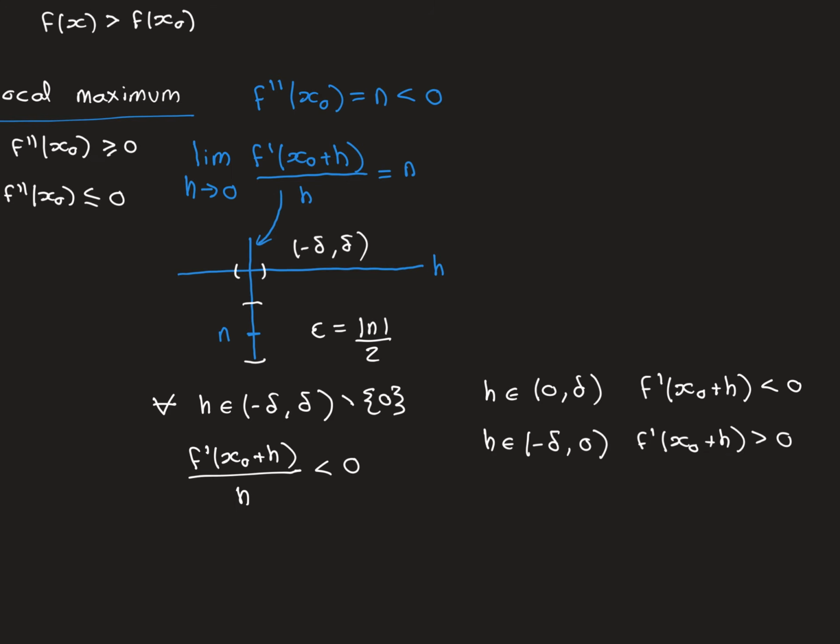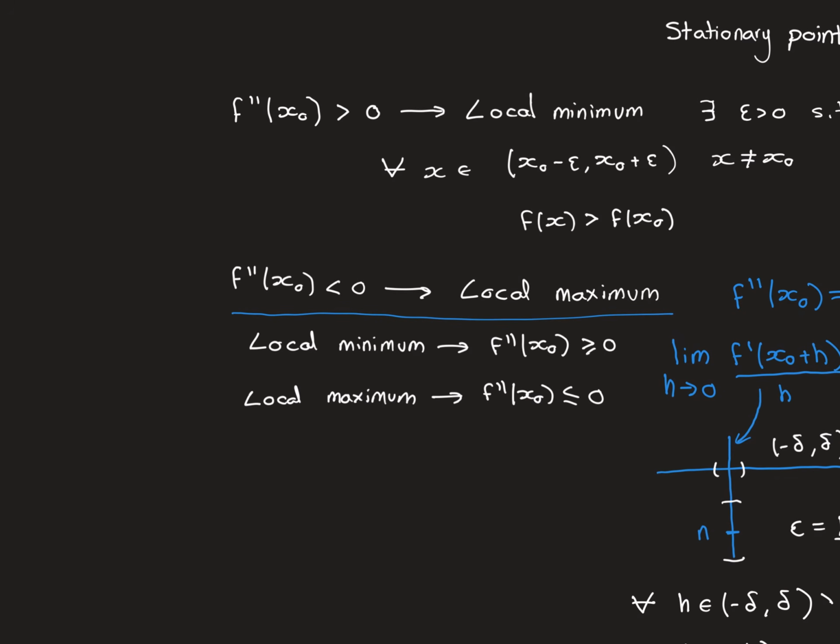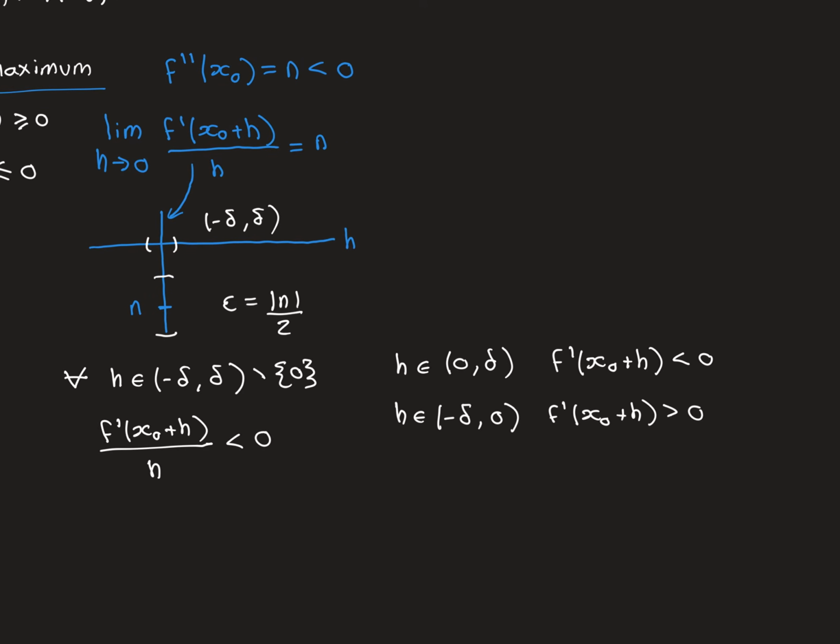And similarly, if I look at the negative part of the interval, from negative delta to 0, and I consider an h in there, now we've got a negative sign here, so in order for this quotient overall to be less than 0, the numerator must be positive, because if it was negative, this would end up positive. So I can conclude that f prime at x0 plus h for h in this interval is greater than 0. So it's the opposite way round to when we were proving the first part of the second derivative test.